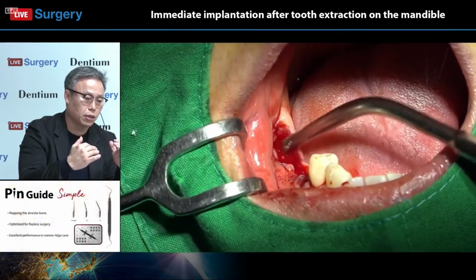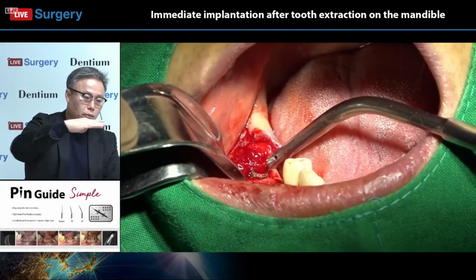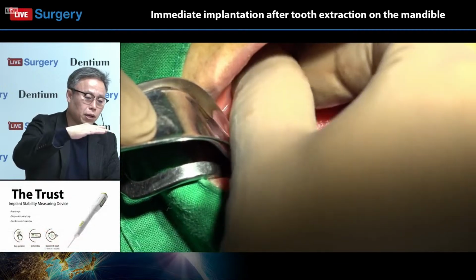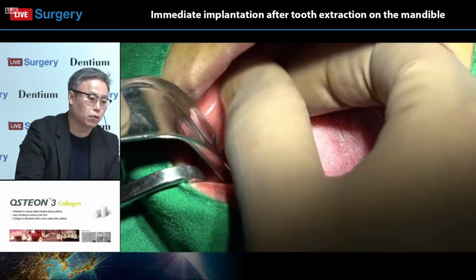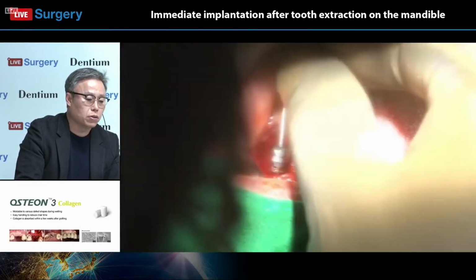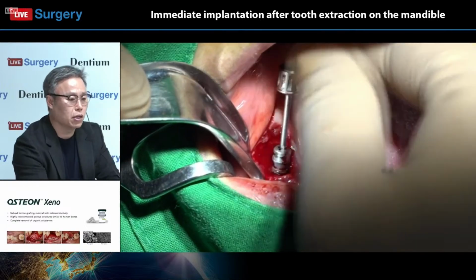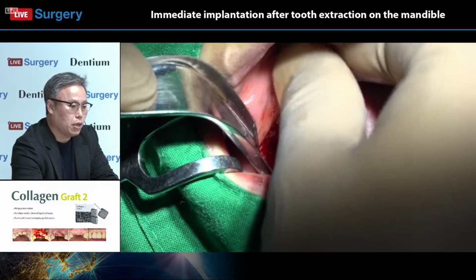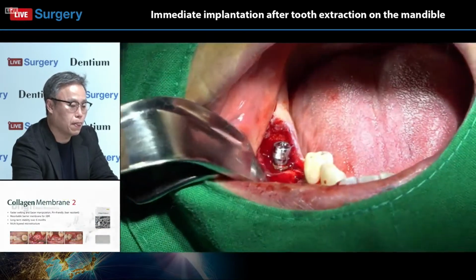Therefore, I think he will try his best to place the top of the healing abutments at the same level. It'll be more convenient. And he's also using a specially designed healing abutment. I think he's using the healing abutment for space maintaining.